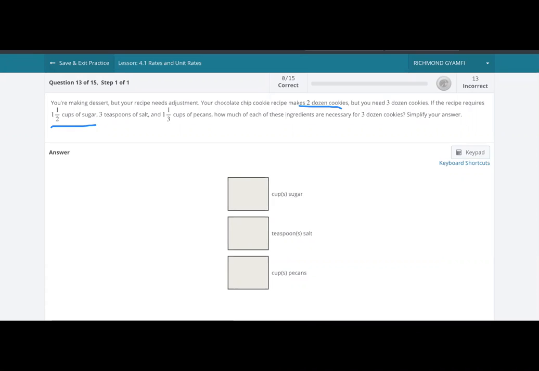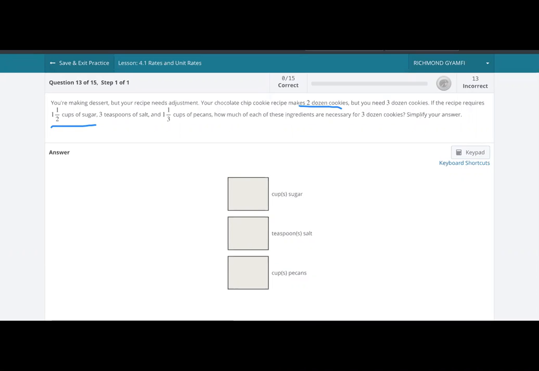So with this problem, again, you have to set up a proportional equation. Let's first start off with the cups of sugar. And this is when the integrated review homework is really, really important for you to look at, because the integrated review homework takes you back to changing fractions from improper to mixed numbers or mixed fractions.